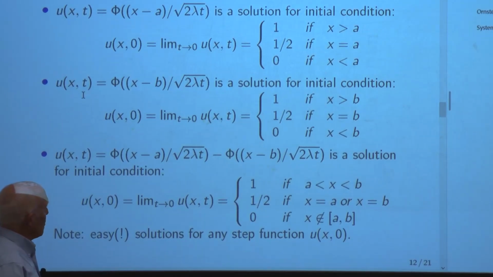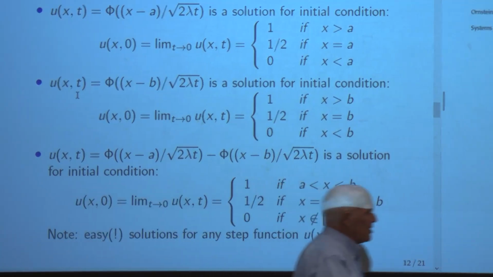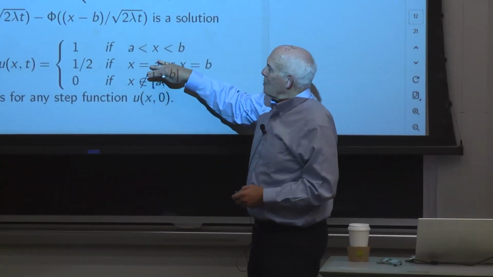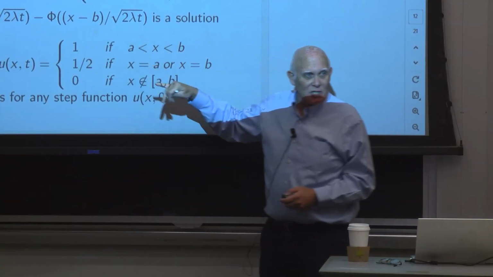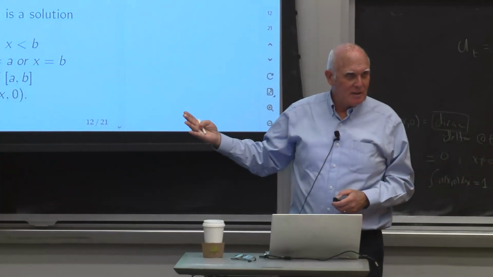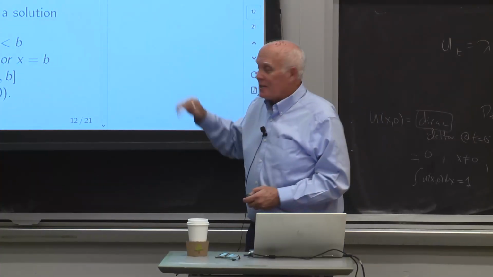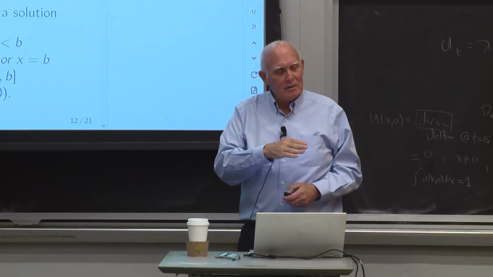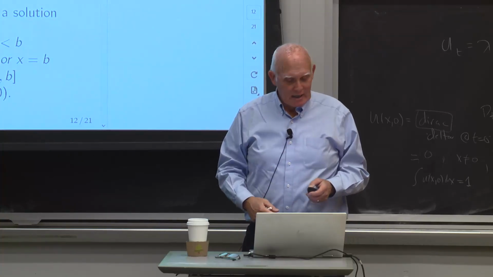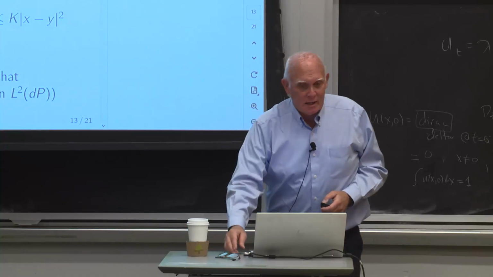All right, so what we end up having is, for any initial conditions that are representable as a step function or a sum of step functions, we can get a solution in this way. So for our initial conditions, u0, we can use limits of these step functions to approximate any initial condition.